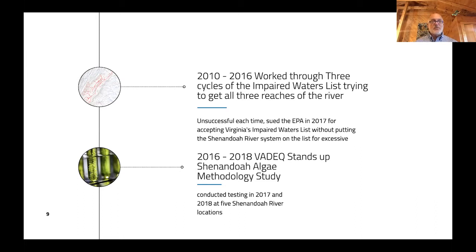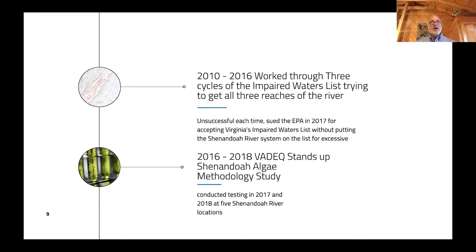But if we were going to lose on anything, I would have preferred to lose in court, because even though we lost, in my opinion it compelled DEQ to stand up the Shenandoah algae methodology study, which was an attempt to start taking a serious look at what's going on in the river system. And so at that point, they started looking at it.